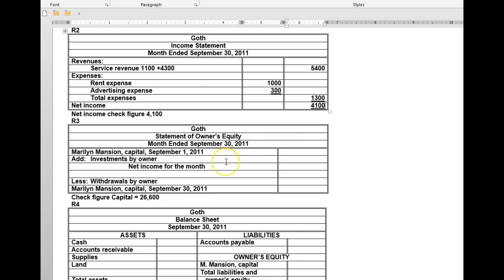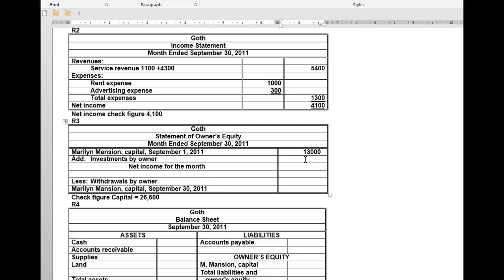Now, what was our beginning owner's equity when we started this mess? If you go back and look at the balance, you will find it was $13,000. They added investment, or they added owner investment. Let's see, there were two of them.